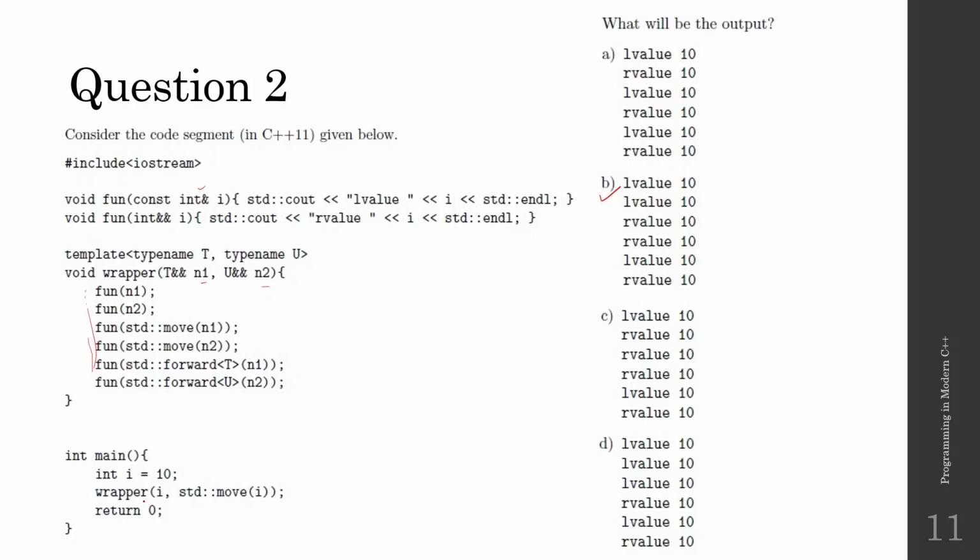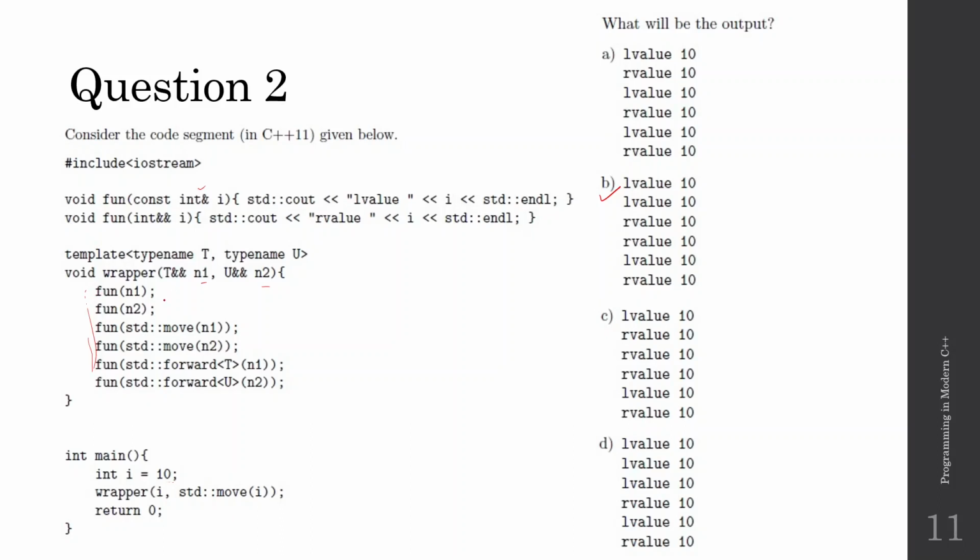Then in the main code we have an integer I, and we are calling wrapper with I and std::move(I). So when the function is called, n1 takes the value of I and n2 takes the value of std::move(I).